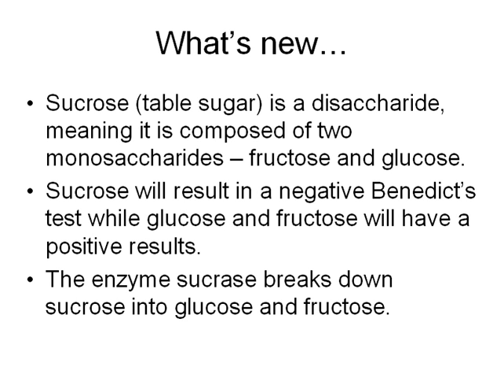So some new stuff. Sucrose, which is table sugar, is a disaccharide. Di meaning it's composed of two monosaccharides. That's what di means. So in this case, with sucrose, the two monosaccharides that make up sucrose are fructose and glucose. Now, sucrose will result in a negative Benedict's test, while glucose and fructose will both have positive results.